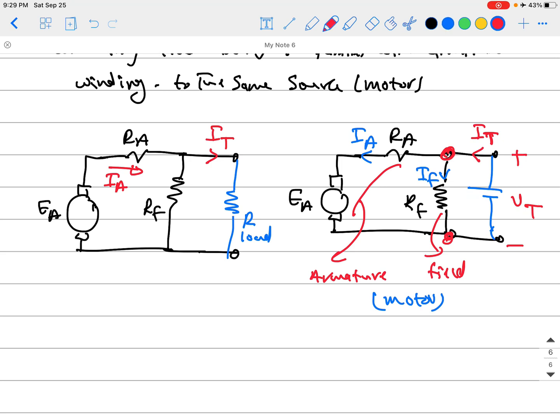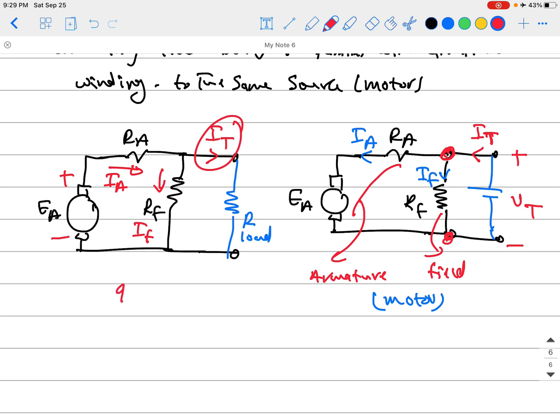And this induced voltage coming out of the machine will supply voltage to the load to move the current out of the machine to the load. At the same time, it will supply current I field moving through R_F.